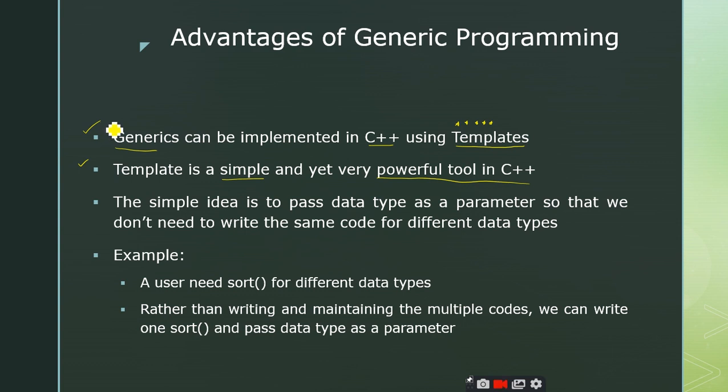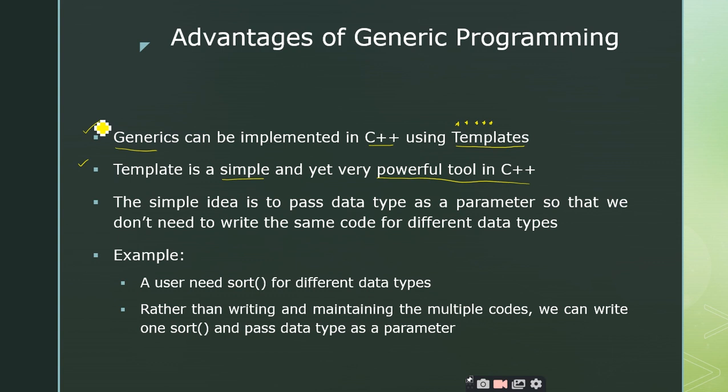So if you want to implement the same bubble sort for floating point, what will you do? You have to make some modifications inside the code, right? But if you are able to write a generic program for the bubble sort and you pass the data type as the parameter, for example if you pass integer, that generic program will work for your integer data type.